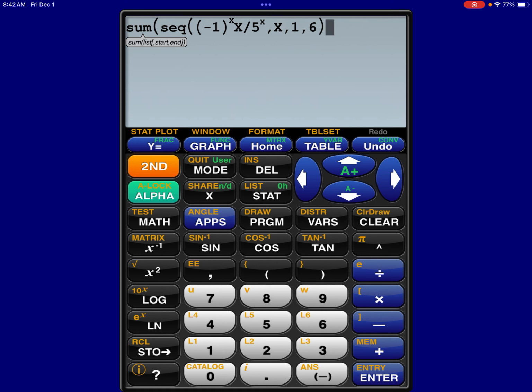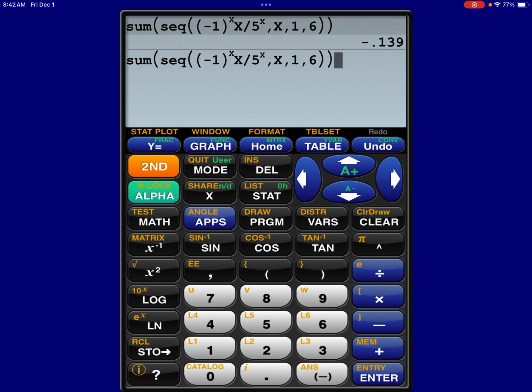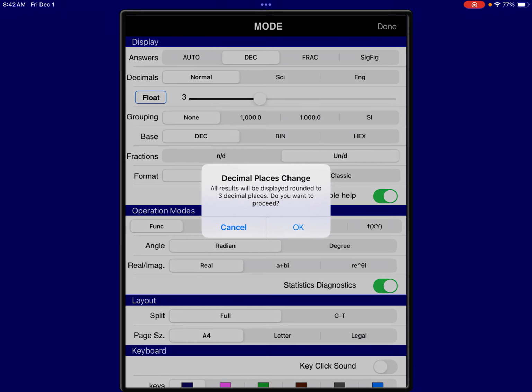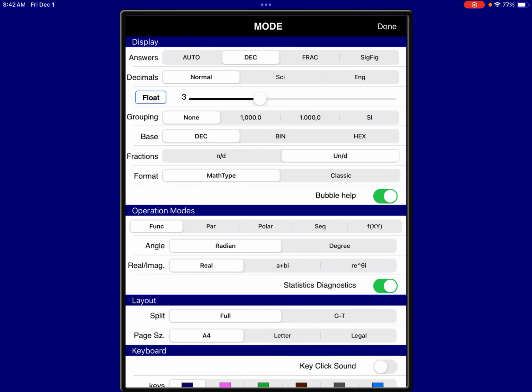If you stop right now, the calculator will assume that you meant increments of 1. Or you can also say comma in increments of 1, and we get the same thing. And the directions did say go to 4 decimal places, so I suppose I need to change this to go to 4 decimal places, which on this screen is sometimes difficult to get it to change.